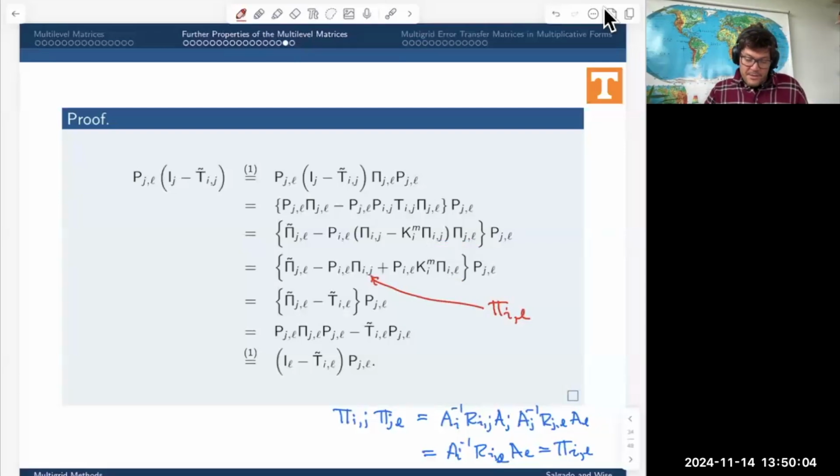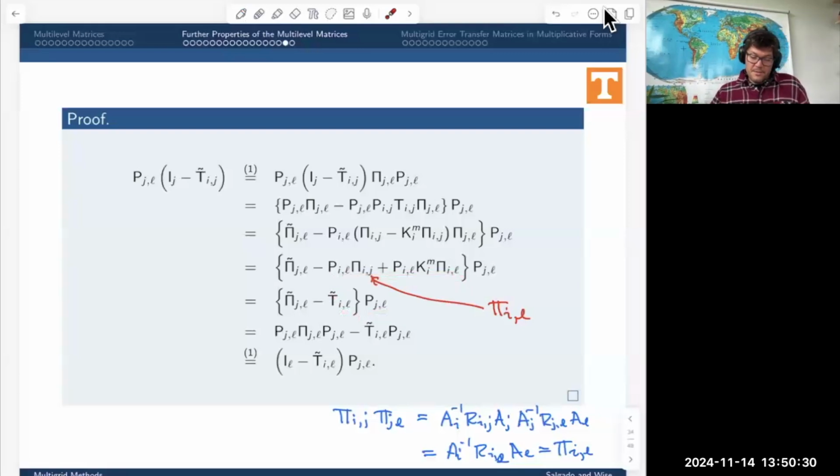Okay, but in either case, this product here, all this stuff here, is just minus TIL matrix, TIL tilde actually. That's by definition. Then finally, I'm going to distribute this guy across these parentheses here, multiplying on the right.